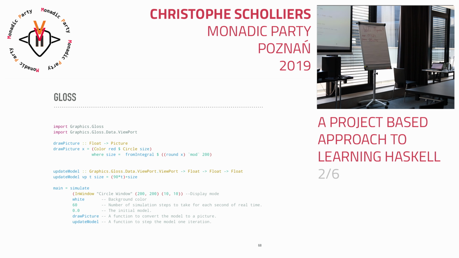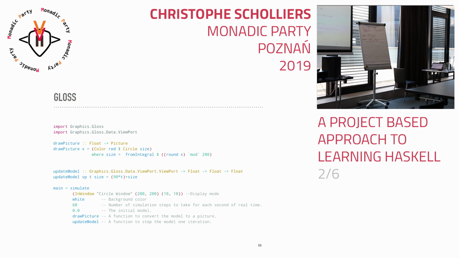And so here we see drawPicture. What does it do? Well, it takes the model and it's going to create a picture. And so in our case, we are simply going to make a red circle of a certain size. Yeah?